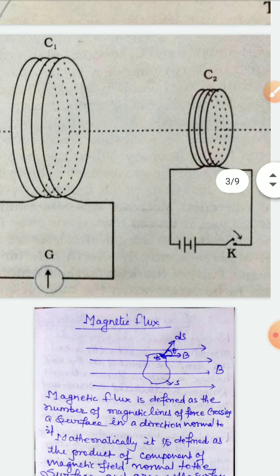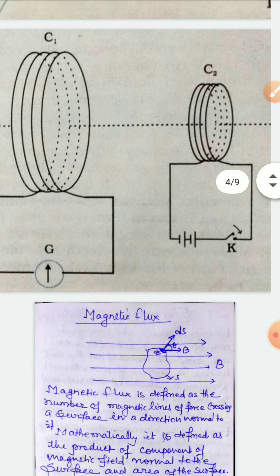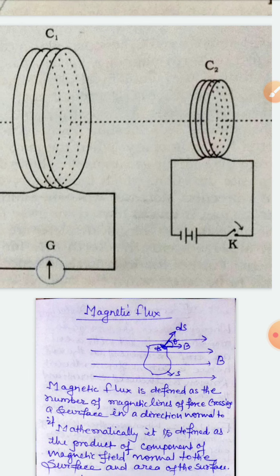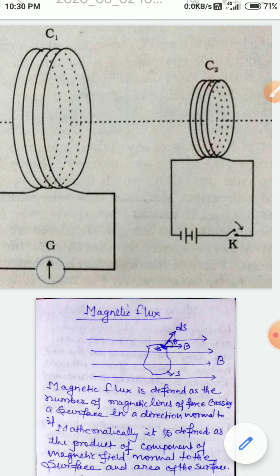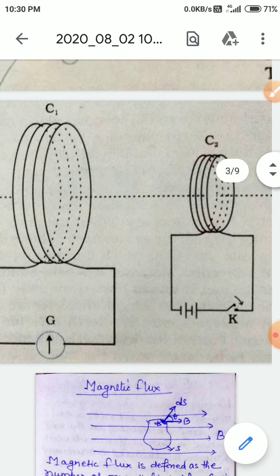In this case, when we close the tapping key, the current begins to grow. As the strength of current increases, the strength of the magnetic field produced by the coil will also increase, and hence the magnetic field linked with coil C1 will also increase.